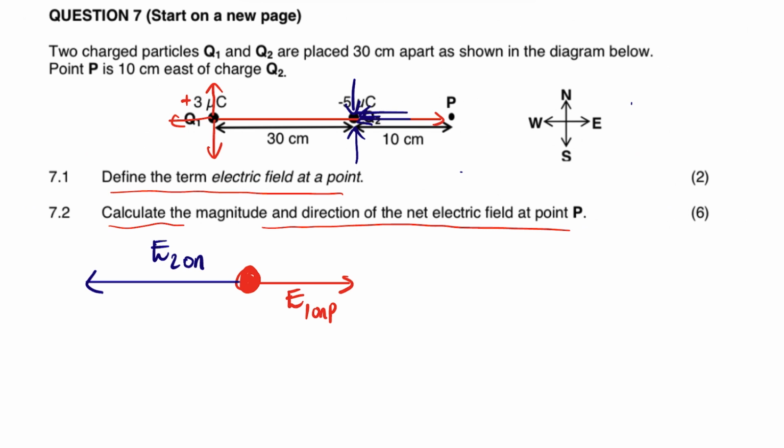In the free body diagram, you're going to have the electric field of Q2 on P, and then you draw the electric field of Q1 on P. It's going to go in that direction, and this is E1, which is Q1 on P.